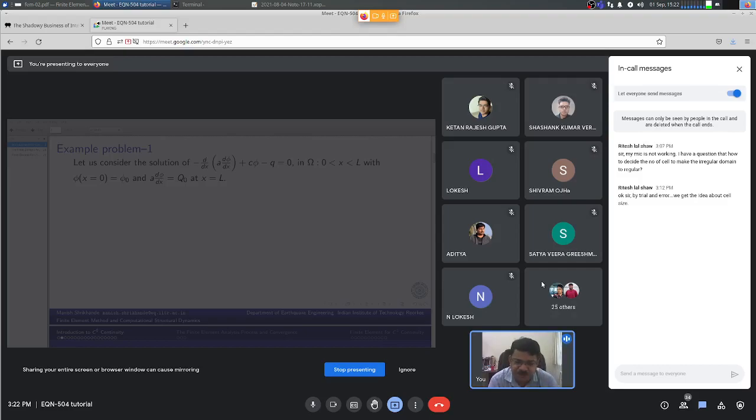So what we are doing here, in the finite element approximation, the first objective is to identify the primary variables of the problem. What is the primary variable of the problem? Is phi a primary variable, or is it a times d phi by dx that is the primary variable of the problem?